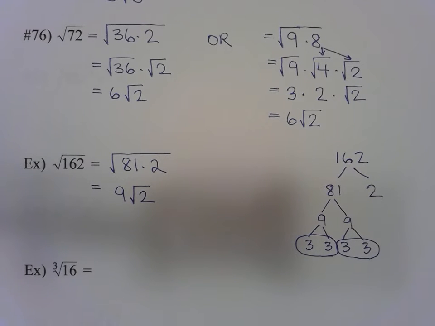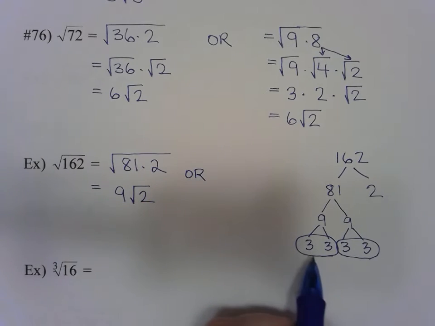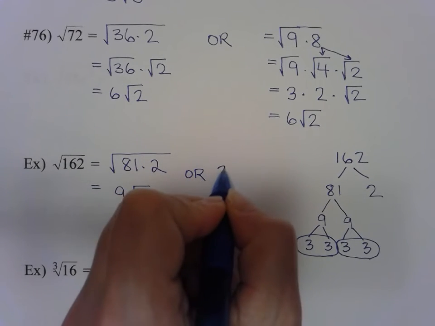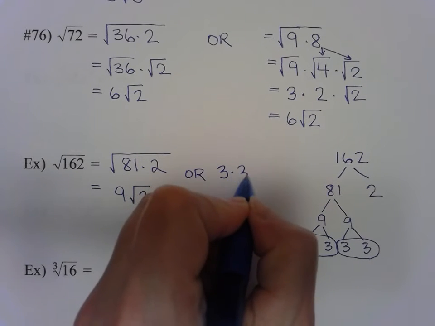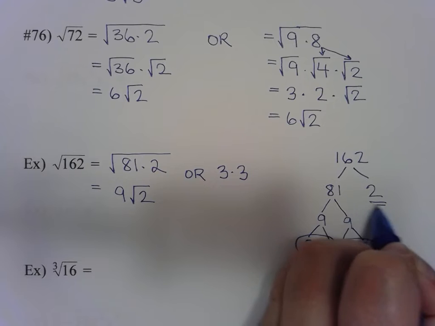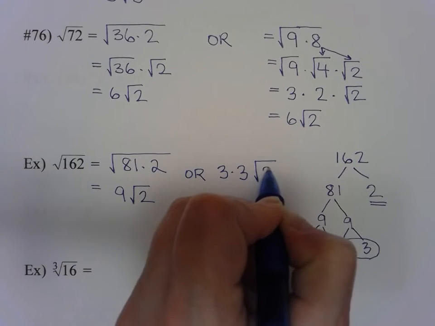So for every 2 factors, I can bring one of those to the outside. So in this case, for every pair of 3s, 1 3 can come out to the front. Here's another pair, so another 3 can come out. The 2 does not have a pair, so it stays inside.